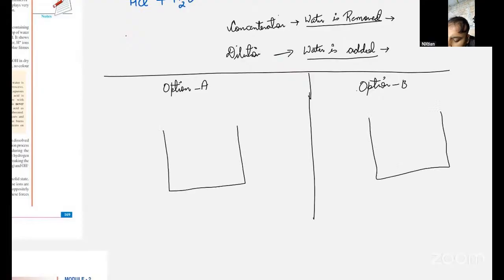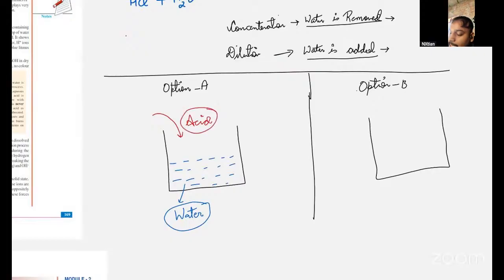Now for the dilution, we have two options. The first option is we have water, and we are adding acid into it.